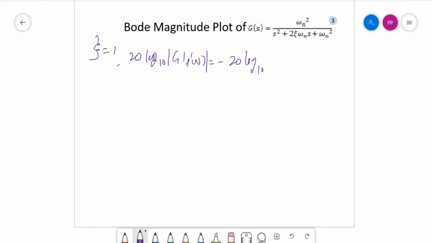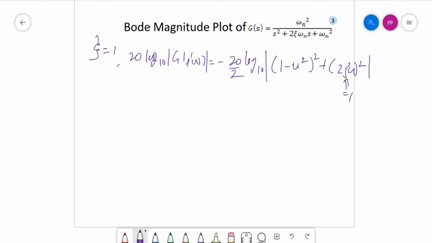This is equal to mod of 1 minus u square whole square plus 2 eta u square, sorry, 2 eta u whole square, with the square root gone in front. Here the damping ratio becomes equal to 1.